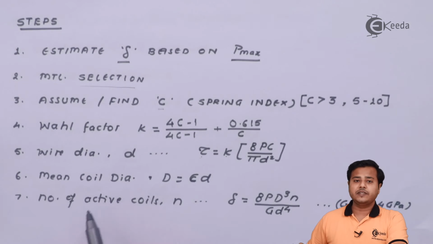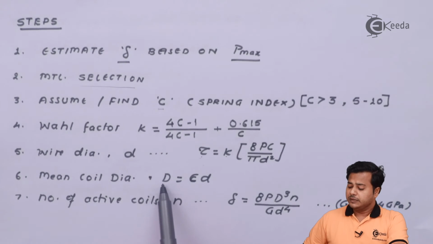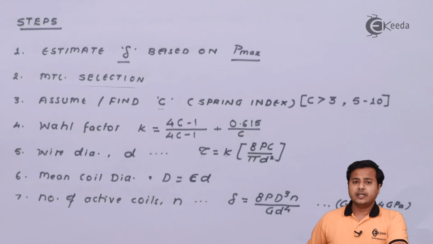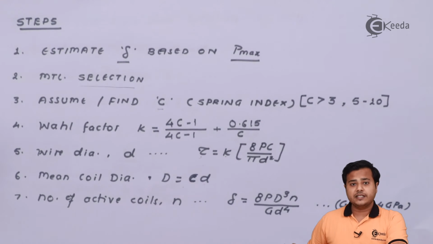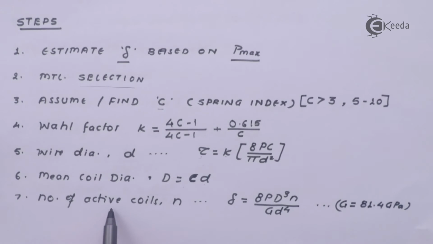The very first specification that comes afterwards is the mean coil diameter D, which is generally given by this particular relation, where this is the value of C, the spring index, into diameter small d. Then comes the number of active coils. Active coils are the coils which actually undergo the deformation, because the end coils are generally not movable.